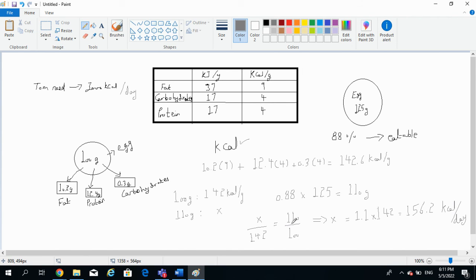If he eats 125 gram, but remember 88% of that is eatable, so 110 grams of boiled egg, this as a percentage becomes 156.2 divided by 3000, which is Tom's required value of kilocalories that he needs.